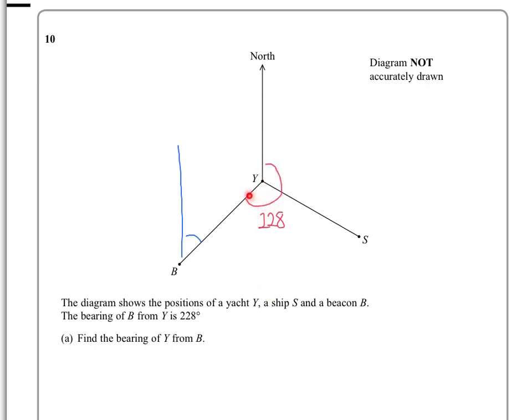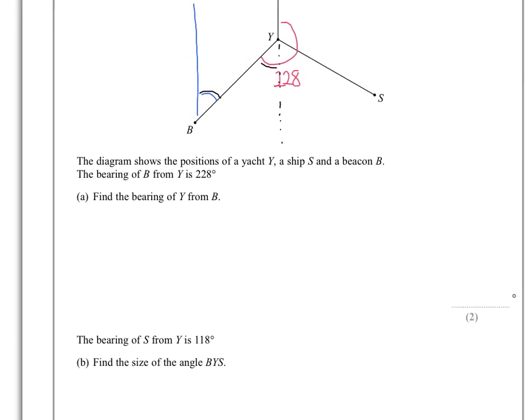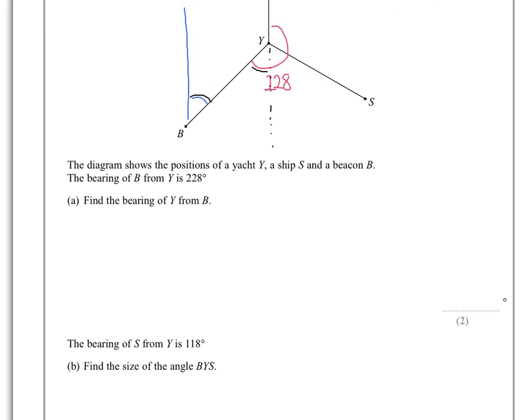So therefore this angle will be equal to 228 minus 180, and therefore by default this angle, because of Z angles, would also be this angle here. So 228 minus 180 gives us 48.